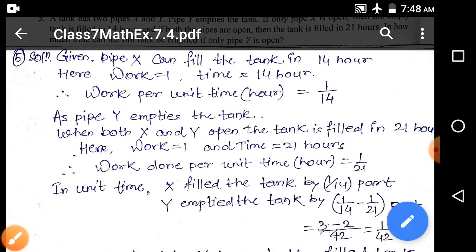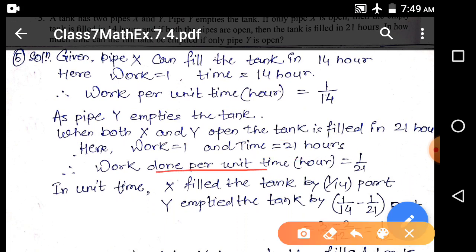So work per unit time is 1 by 21. When both are open, X is filling the tank whereas Y empties it, and the tank is filled in 21 hours.